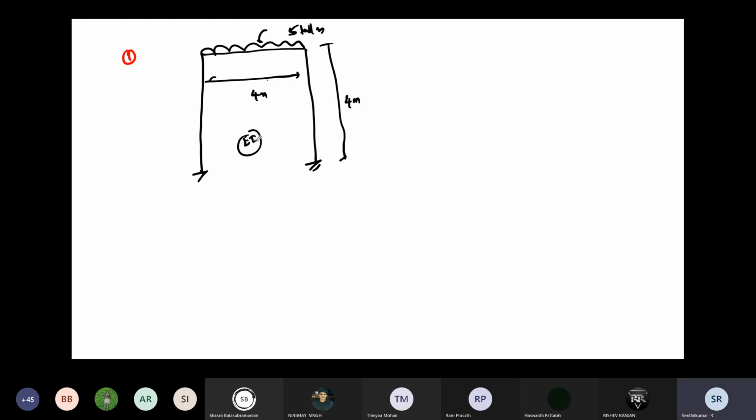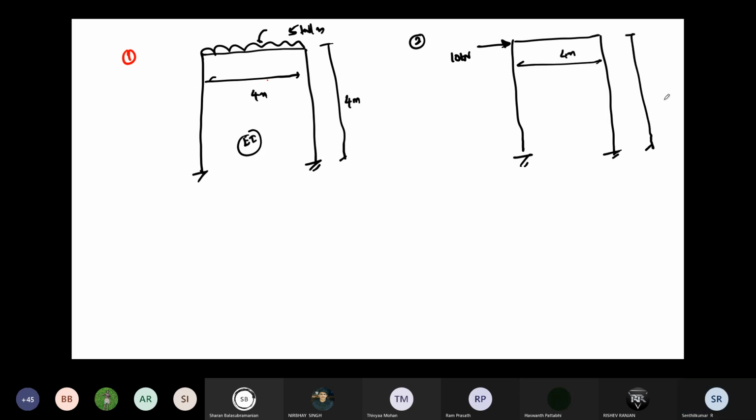Keep EI constant. Okay. Then second problem, same 4 meter, EI constant. I hope you can solve these two problems by using either MDM or slope deflection method.